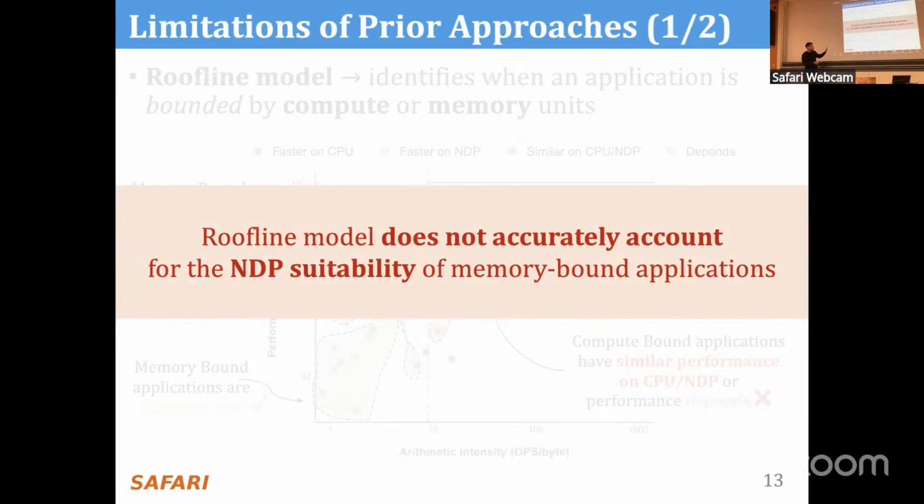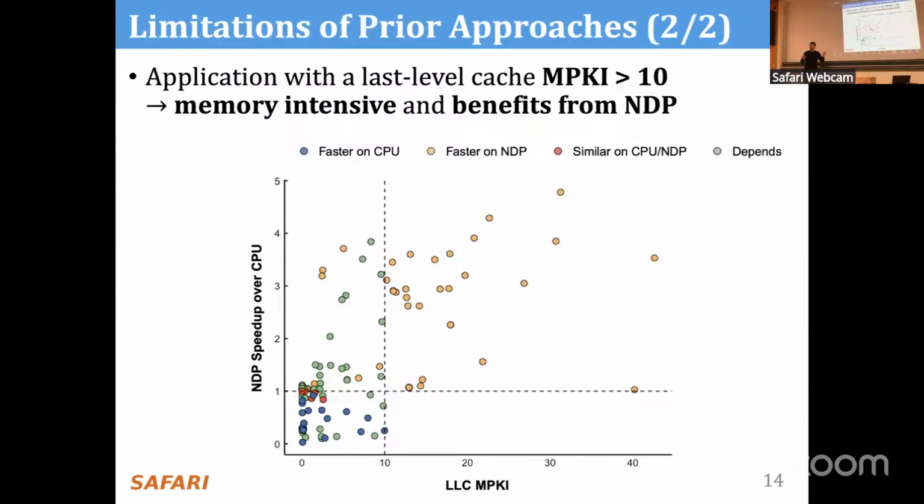So this is one way of doing it. Another way is looking at a given metric. There is a metric called last level misses per kilo instruction. That's very much a mouthful, but basically I'm going to give an intuition. You are looking at the memory bus and trying to see, at every 1,000 instructions, how many of those instructions are memory instructions and are showing up on the memory bus.